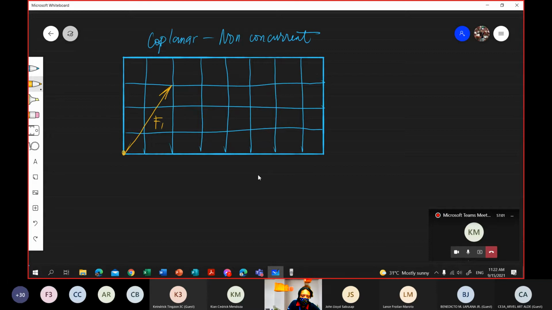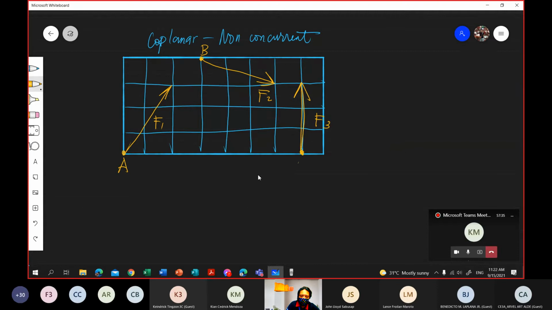Let's name this point A. Another force, let's name this F2, and this B. And another force naman, say here, let's name this F3.